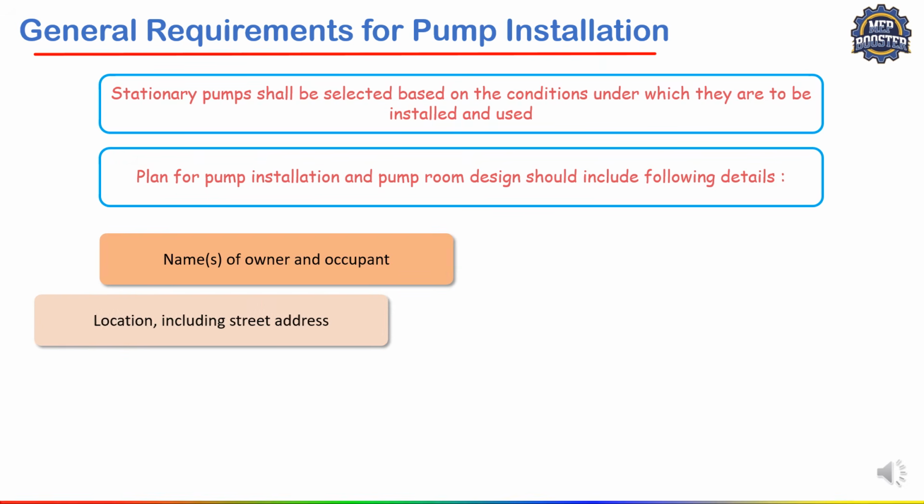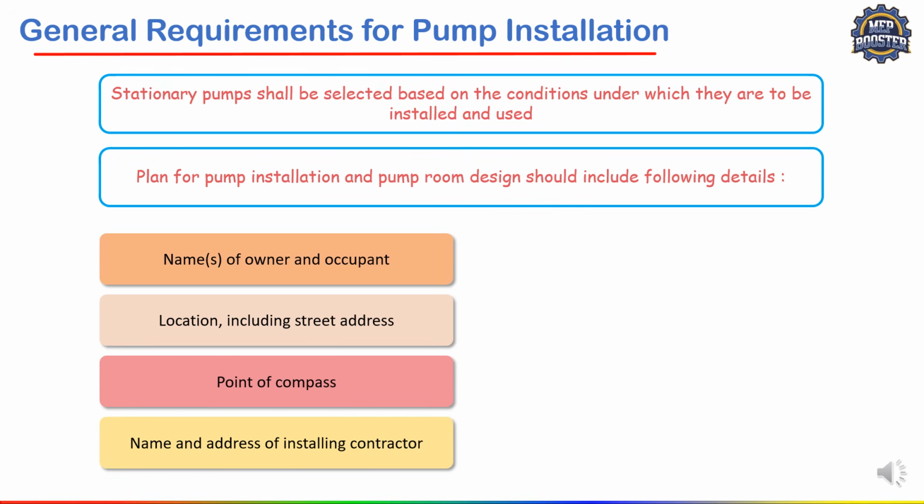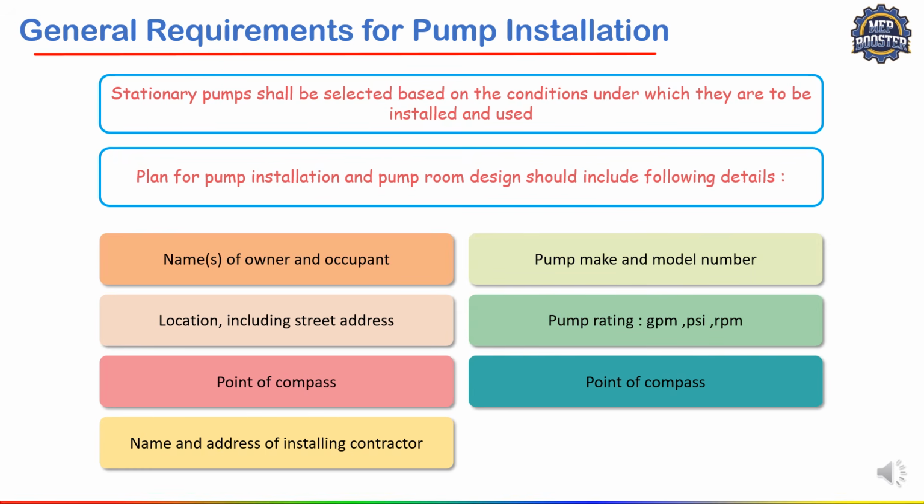Second, location including street address, point of compass, name and address of installing contractors, pump make and model numbers, pump rating, and suction main size, length, location. So you need to plan for pump installation and pump room design to include these following details.